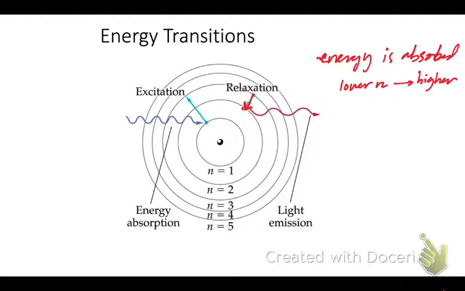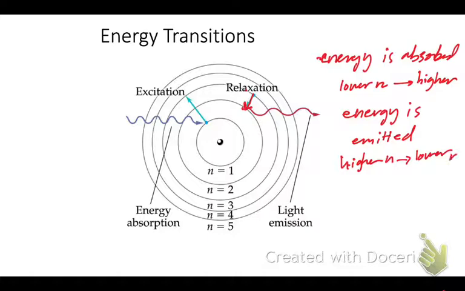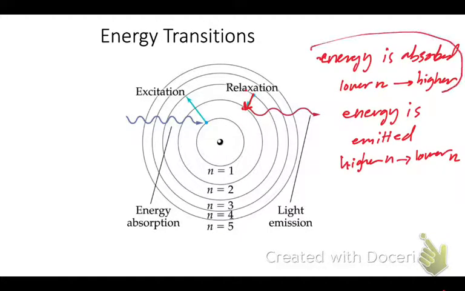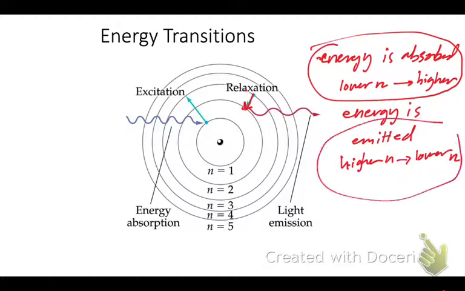However, they have to come back, and when they come back, energy is emitted. This is coming from higher n to lower n, and it is emitted in the form of light. So this is here is excitation, and this here is relaxation.